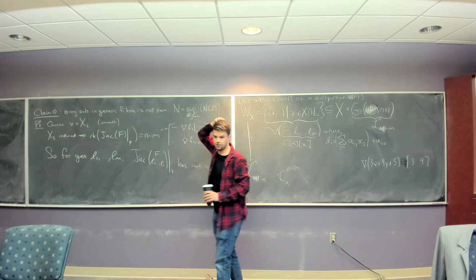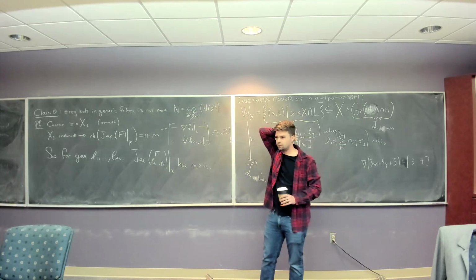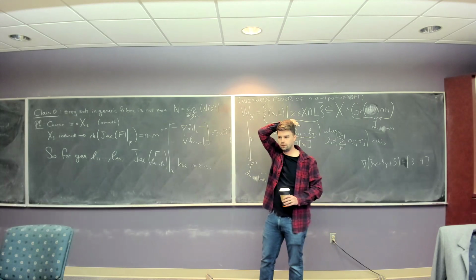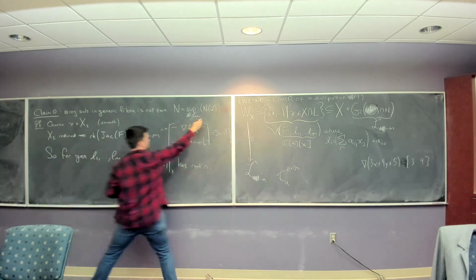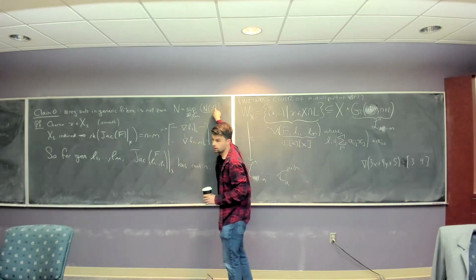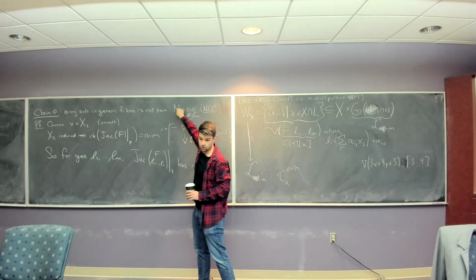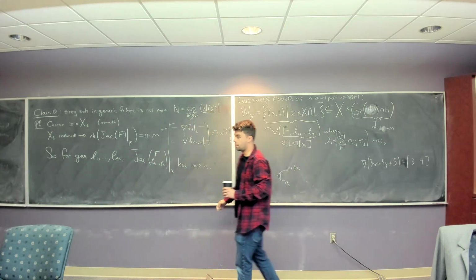Remember, this was the definition of the generic count in the parameter continuation theorem. It was the supremum of all the counts of regular solutions. And so since we showed that at least one of these is one, we show that this is at least one. Okay.